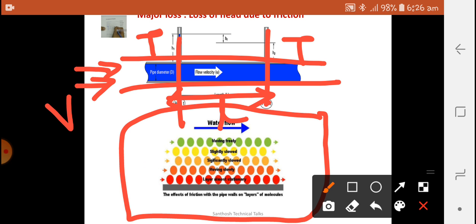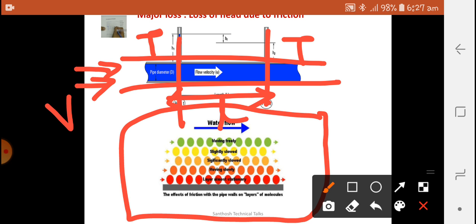The effect of friction in the pipe wall on the layer of the molecules can be given very beautifully. The layer which interacts with the solid surface is at most stationary, and above it the layer is moving slowly, and again above it is slightly slowed and moving freely, and free water flow is there.